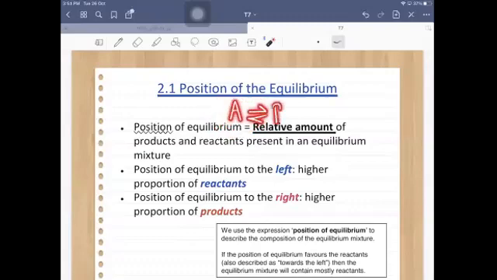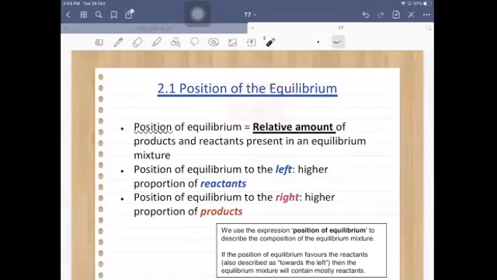The position of the equilibrium is now to the right. That means I have more B than I have A in terms of amount. That means a higher proportion of products than reactants.